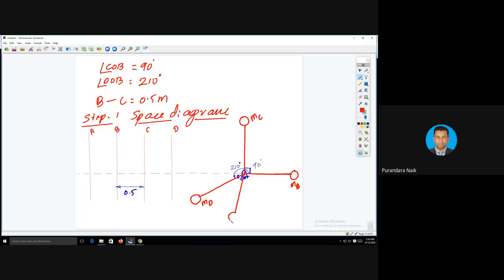This is mass A. It is unknown. Just shade it because it is unknown. You can make this line a dotted line, no problem, because it is an unknown mass.